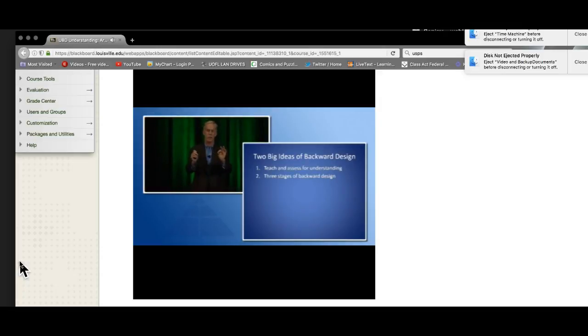A focus on understanding raises an immediate question. What's worth understanding in all that we teach? Because everyone in this room who's been a teacher understands a quintessential problem, and it's one from pre-K to university. Every teacher I know faces it, and we all know what it is. We have too much content and not enough time to teach it all. This is a quintessential challenge in teaching. How do we address this problem?